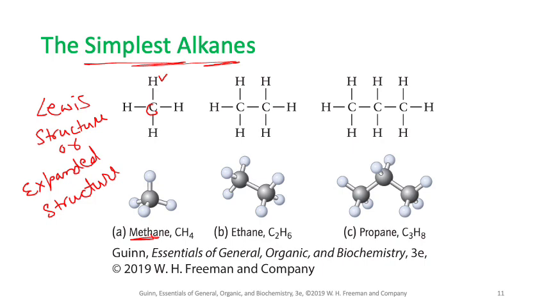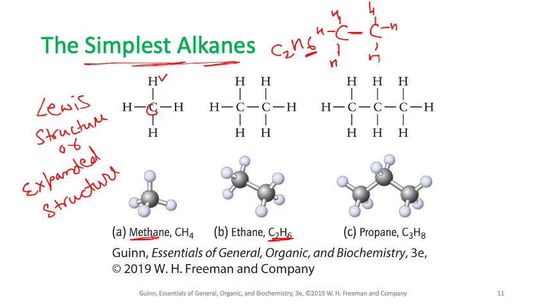For example, the second one is ethane, which is C2H6. So how many carbons? 2 carbons. So how do you make it? Put 2 carbons, make a bond connecting the 2 carbons, and now you have 6 hydrogens, and each carbon has to have 4 bonds. So put 3 hydrogens on each carbon.